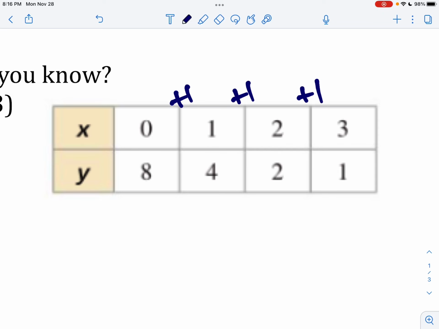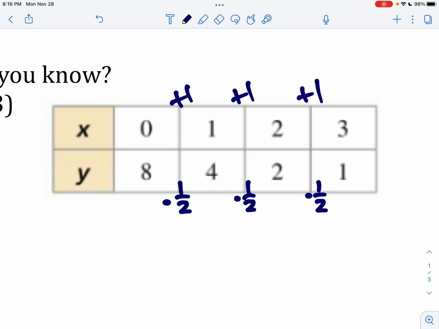Well, if I take 8, half of 8 is 4, so I know I can multiply by a half to get to 4. 4 and 2, half of 4 is 2, so if I multiply 4 by a half, I'm going to get 2. And also the same thing, if I multiply 2 by a half, I'm going to get 1. I know you look at it like they're all divided by 2.